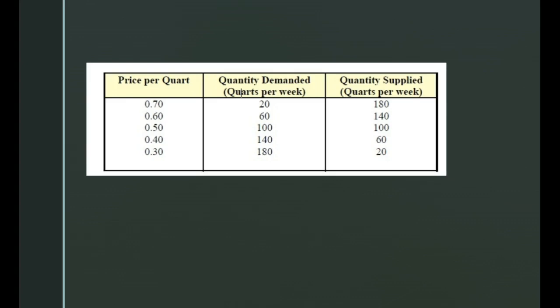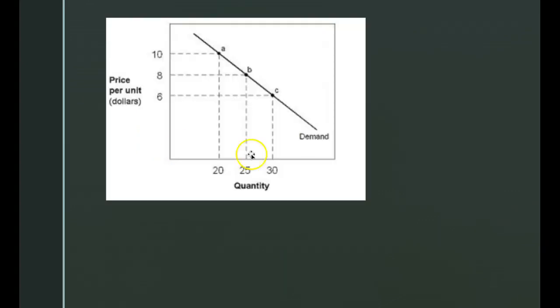So you would have to figure out the price elasticity of demand, and write that formula down for that. Now let's go ahead and look at this demand curve here.